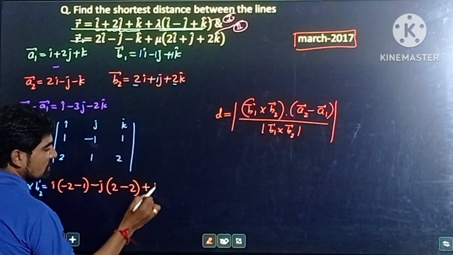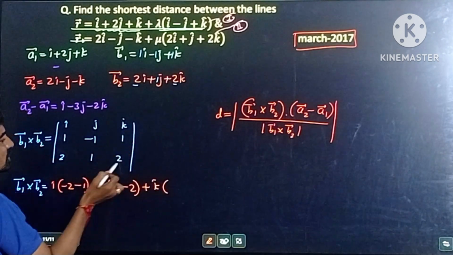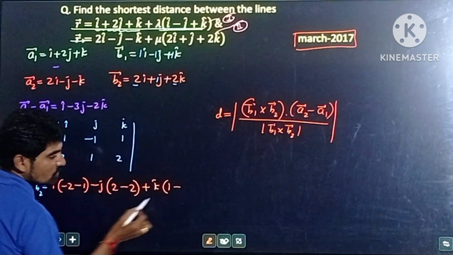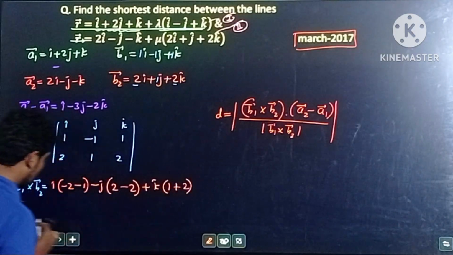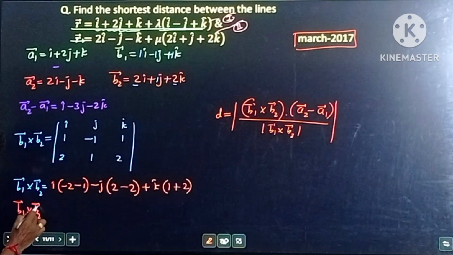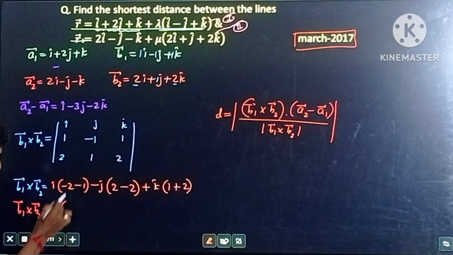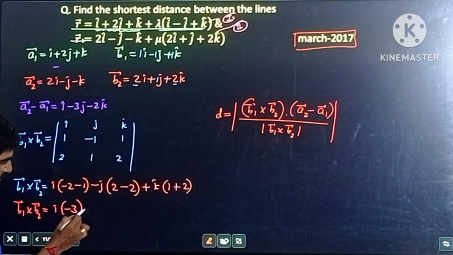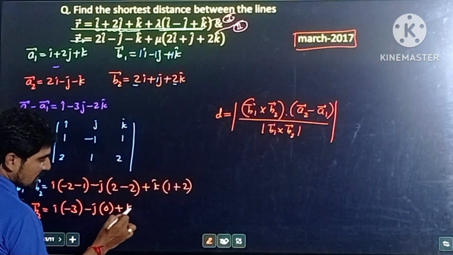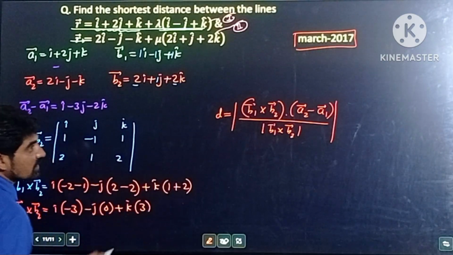And then plus k into, deleting first row, third column, 1 into 1, 1, minus 2 into minus 1, plus 2. So b1 cross b2 is i times (minus 2 minus 1, minus 3) minus j times (2 minus 2, 0) plus k times (1 plus 2, 3).